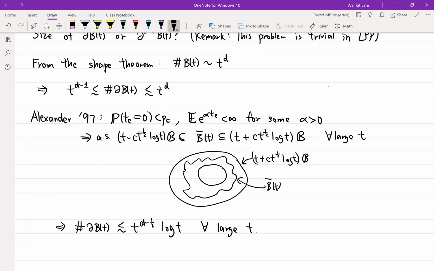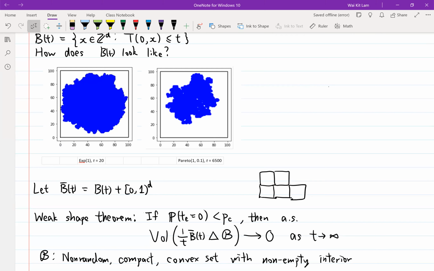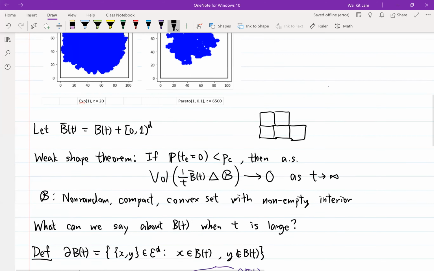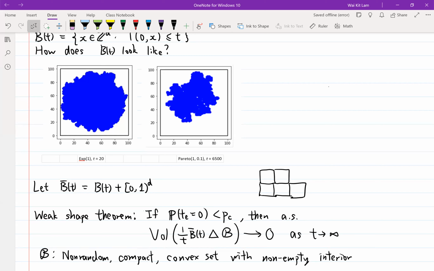The reason we got this upper bound is because we just counted the total number of edges in this annulus. But of course, this is a very crude bound. You can see from the simulation pictures above that the boundary, although a little bit rough in some sense, does not occupy all the edges in that annulus.